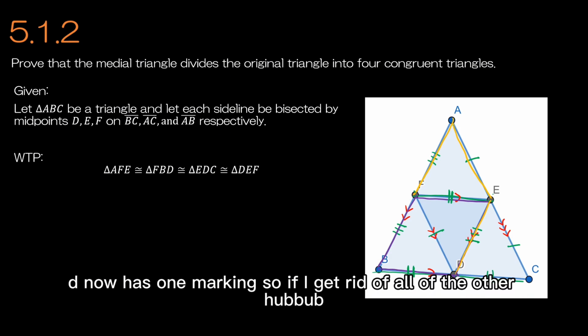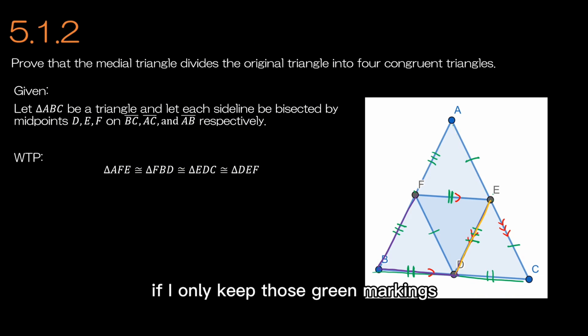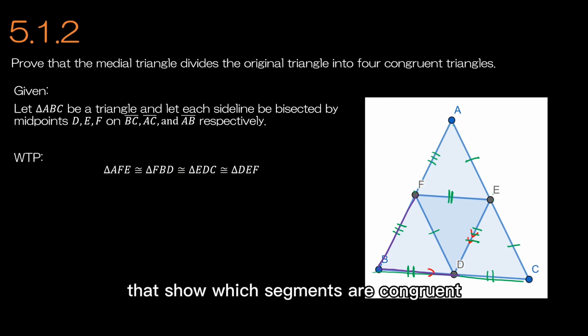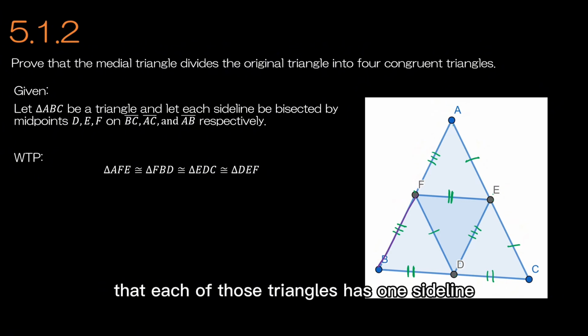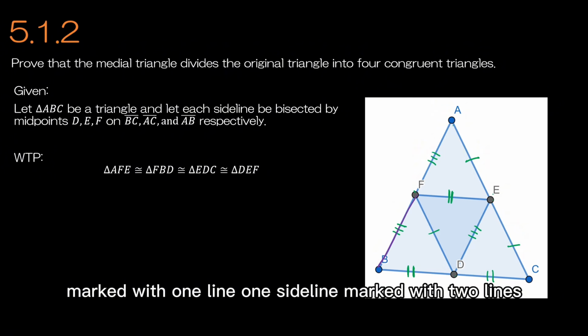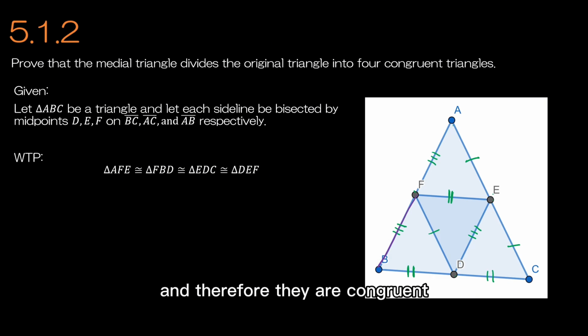So if I get rid of all of the other hubbub, which can make it a little bit confusing, and only keep those green markings that show which segments are congruent, it becomes pretty clear to me that each of those triangles has one side marked with 1 line, one side marked with 2 lines, and one side marked with 3 lines, and therefore they are congruent.